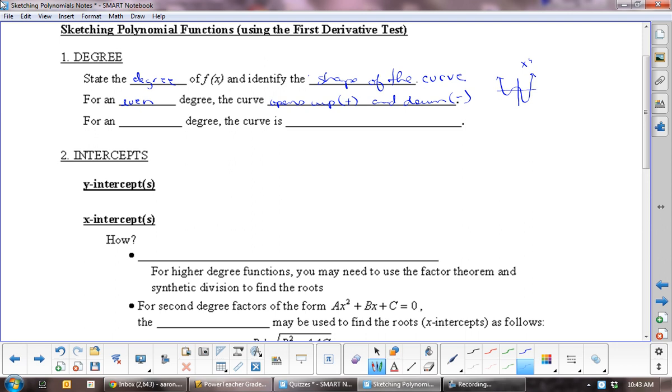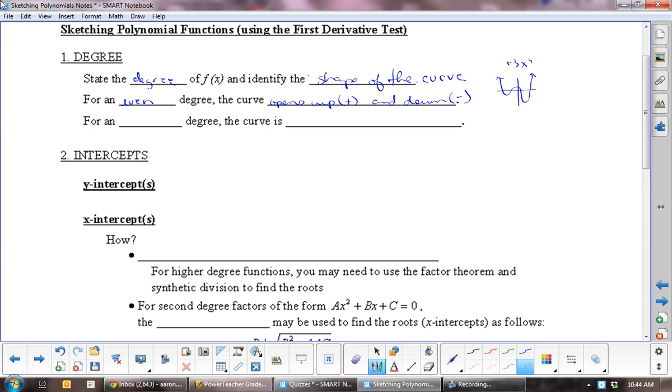So because it's a positive x to the fourth, if there's a, like, say, let's just put plus 3x to the 4, that means it'll always start in quadrant 2 and end in quadrant 1. If that was a negative 3x to the fourth, that would be a reflection on the x-axis, but it would always start in 3 and end in 4.